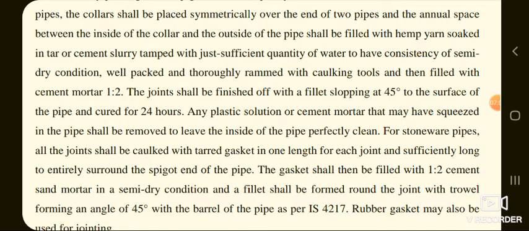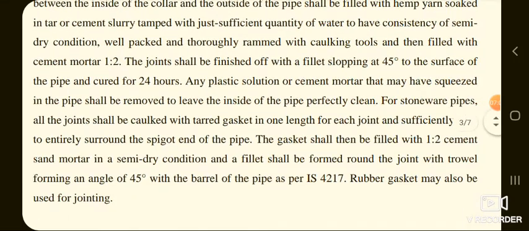The joint shall be finished off with a fillet sloping at 45 degrees to the surface of the pipe and cured for 24 hours. Any plastic solutions or cement mortar that may have squeezed into the pipe shall be removed to leave the inside of the pipe perfectly clean.